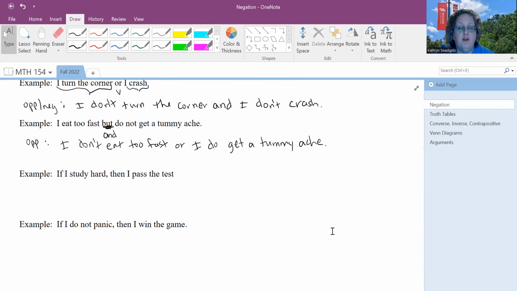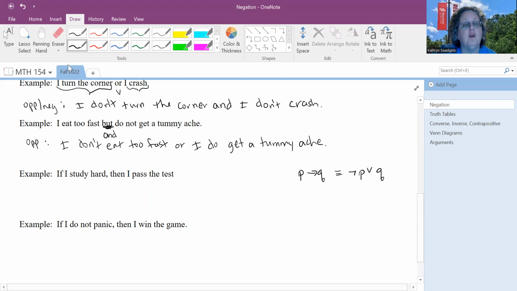So that's surprising. The reason is that if I have P implies Q, that's the same thing as not P or Q. Instead of that one, I could write the little squiggly one. So if I say if P then Q, it's really the same thing as not P or Q.